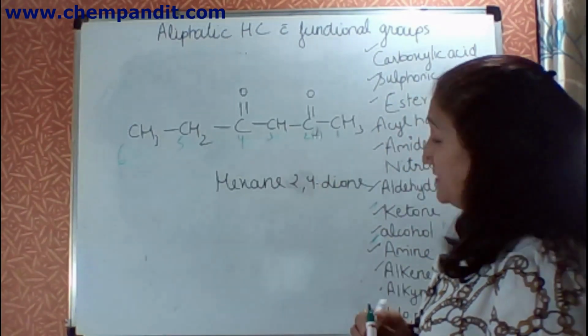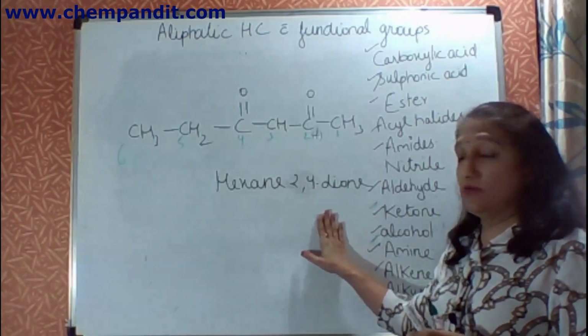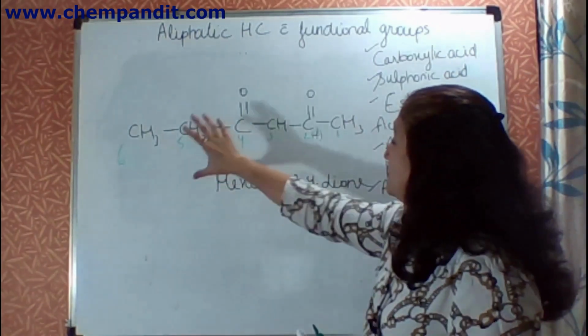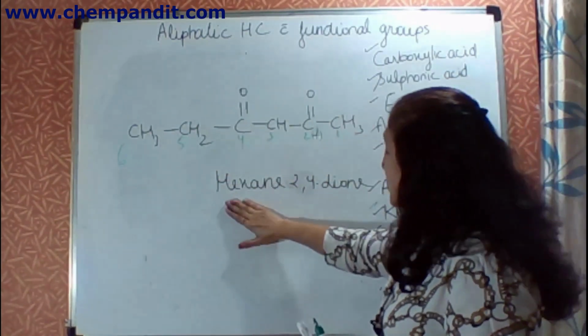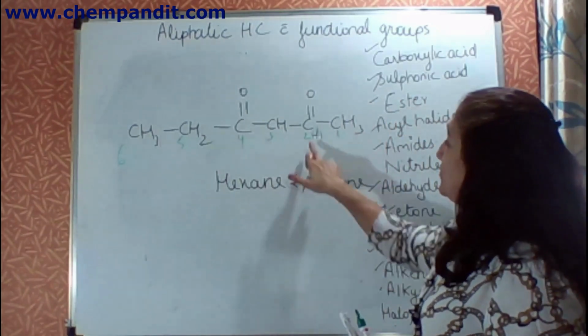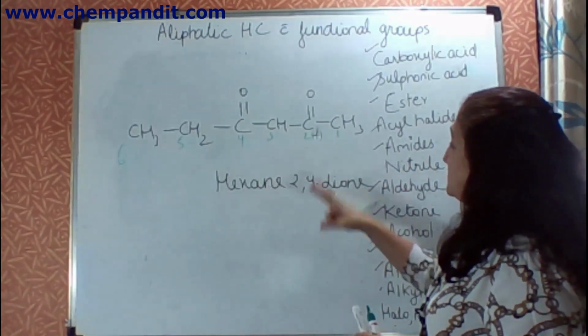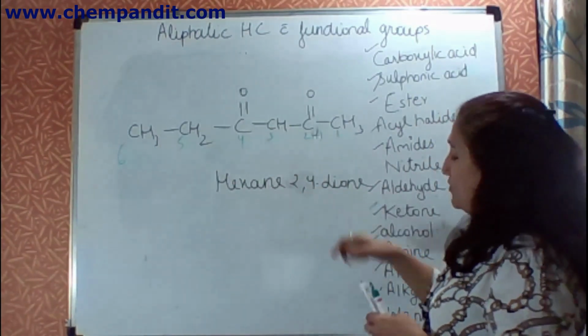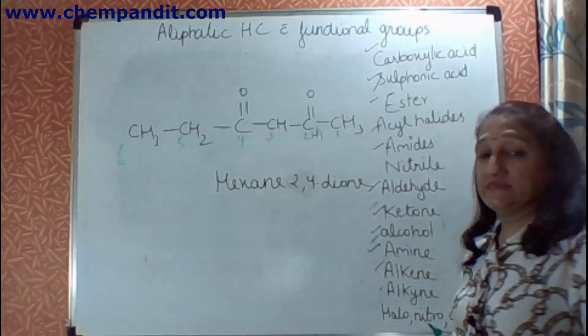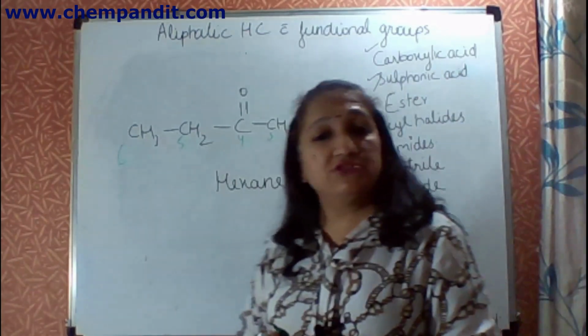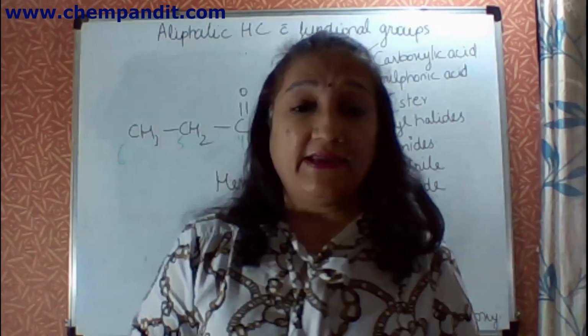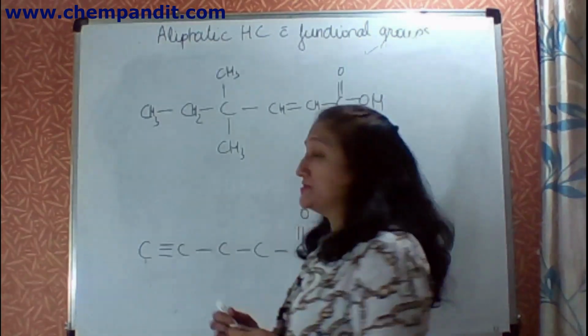Yes, it is right. Hexane is the root word coming from 6 carbons. 2 and 4 are the positions of the ketonic groups. Di is the prefix used for 2 ketonic groups, and one is the secondary suffix used for a ketone. Right?